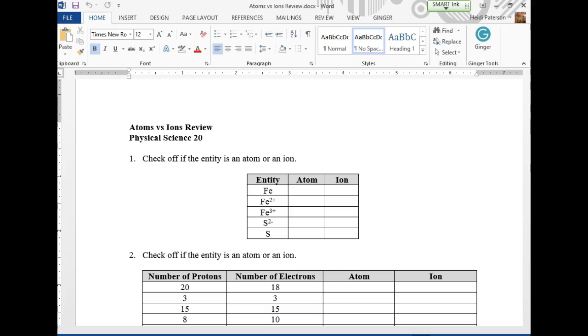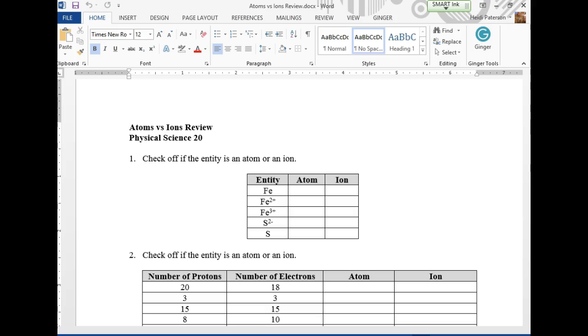Next question, number 2. If something has 20 protons and 18 electrons, is that going to give you a neutral or a zero answer? No. So that is a no. If something has 3 protons and 3 electrons, that is an atom. Atoms, by definition, are electrically neutral.